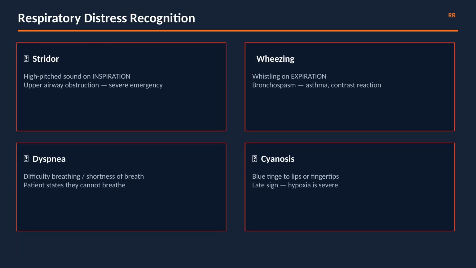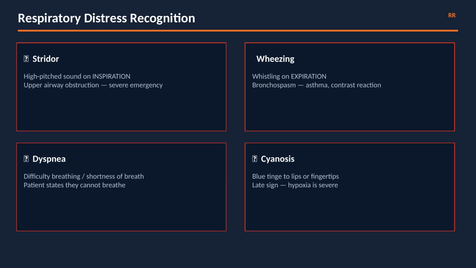Signs of respiratory distress: increased respiratory rate above 20, use of accessory muscles, nasal flaring, cyanosis, a bluish discoloration around the lips and fingertips, diaphoresis, and an SpO2 dropping below 90. Your immediate response: sit the patient upright if possible, as upright positioning reduces the work of breathing.